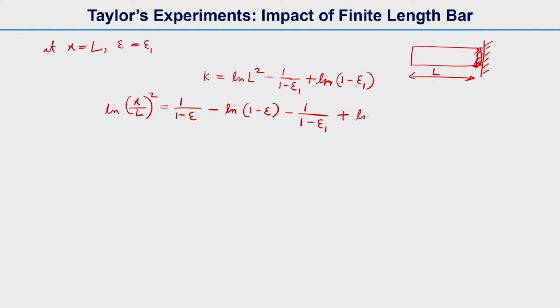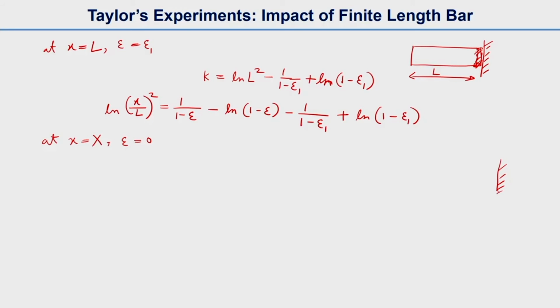Again at x equal to capital X, epsilon equals 0, which is the end of the deformation, when the elastic wave released from the free surface, that is the back surface of the impacted projectile and the bar. I will draw it here.